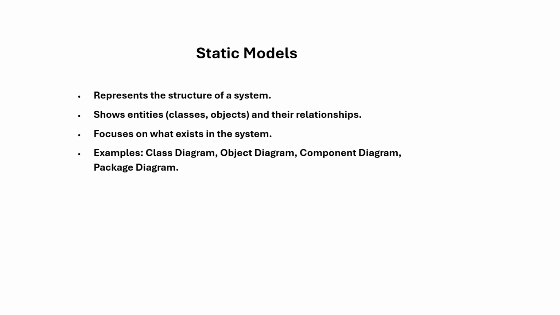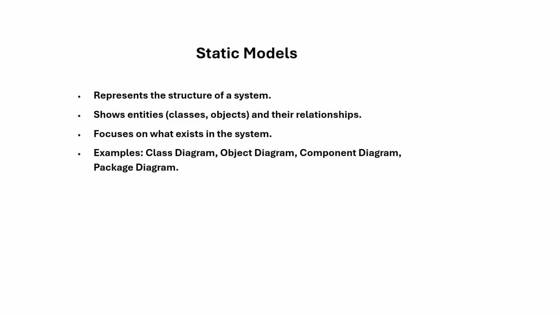UML fits very well for object-oriented systems. In a static model you show the structure of the system. There is nothing dynamic; the focus is on what exists in the system, what the things and parts are that go into the system.